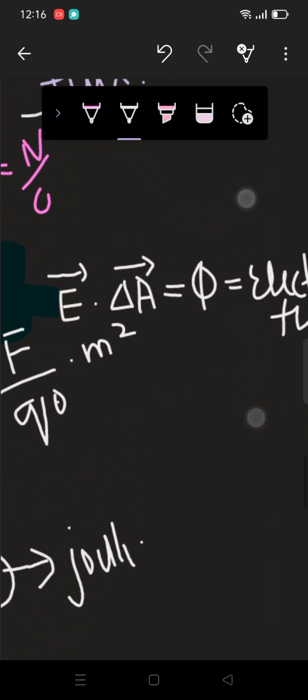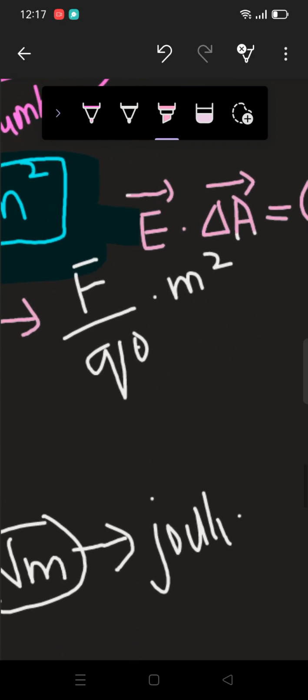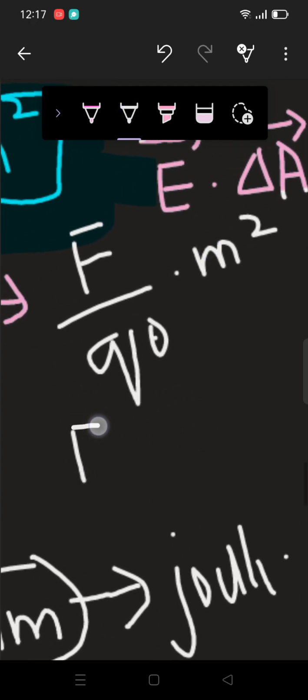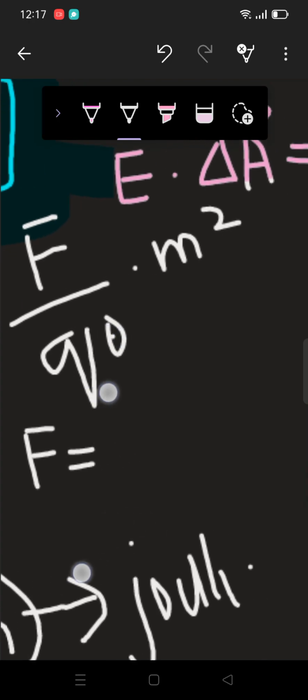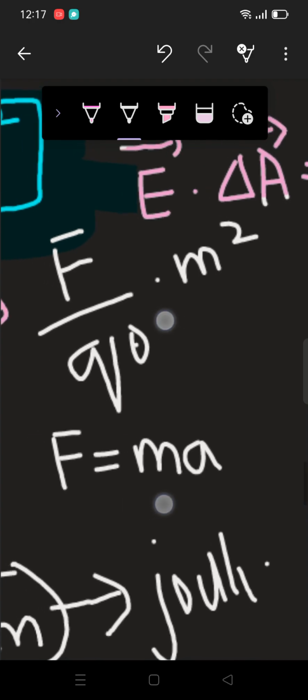Wait, let me highlight this too so that I cannot create any confusion. So force per unit charge into meter square. I know the dimension of force, but I guess you guys don't know the dimension of force. So we know that force is the product of mass and acceleration.